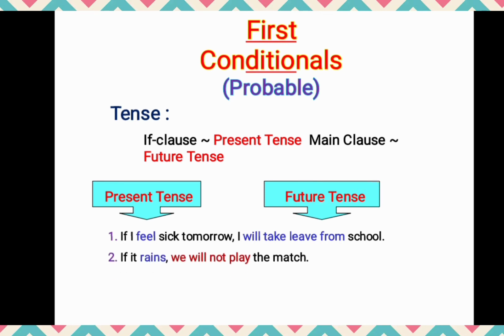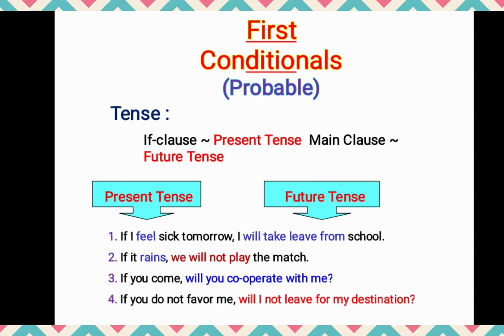The second example is, if it rains, we will not play the match. The third one is, if you come, will you cooperate with me? And the last example is, if you do not favor me, will I not leave for my destination?